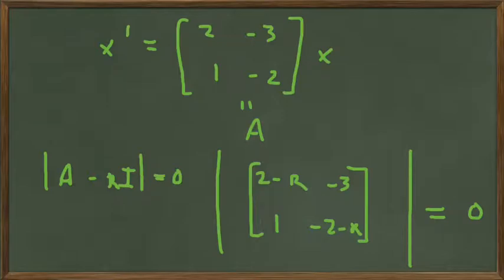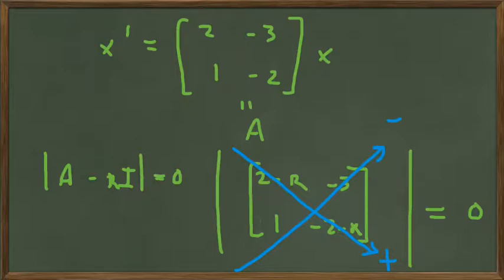Well, the way we find a determinant of a 2 by 2 matrix, we saw this before when we found Wronskians, is we take the product of these two entries minus the product of those two entries.